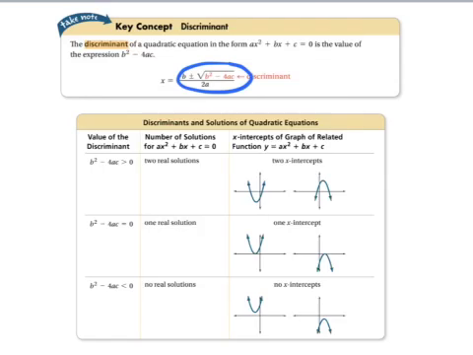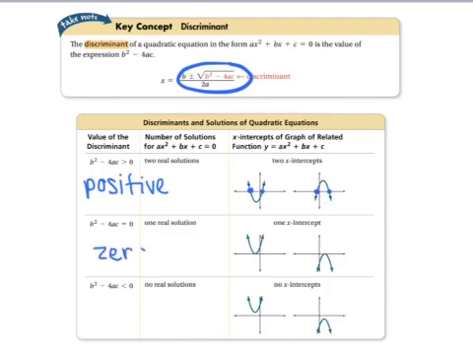This chart tells you if your discriminant is greater than 0. So if your discriminant is positive, then you have 2 solutions. It crosses the x twice. If your discriminant is 0, like those 2 examples where we had the square root of 0, then you have 1 solution.